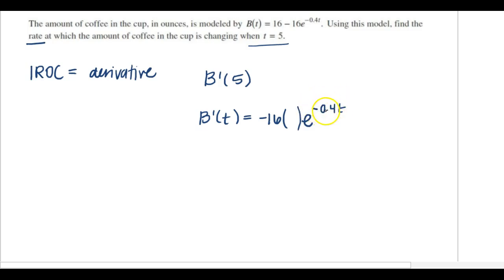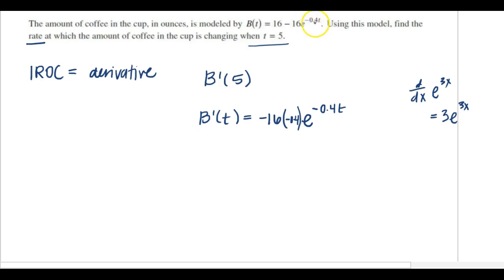And the derivative of negative 0.4t is just negative 0.4. Kind of going to have to cram that into the little space I left myself, but it's just negative 0.4. So imagine if it was just, what's the derivative with respect to x of e to the 3x? So that's just, well, e to the 3x times 3. It's not any different given that it's this decimal, or this negative decimal for that matter.